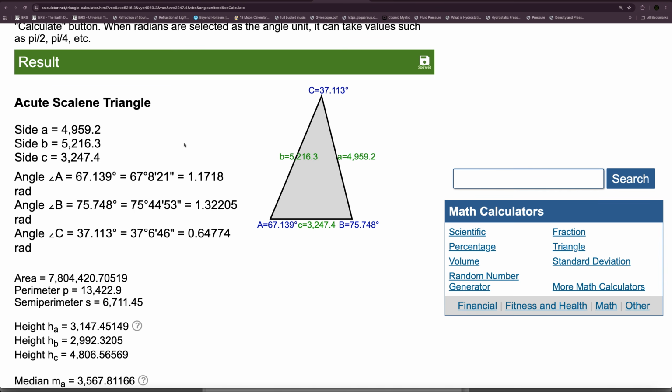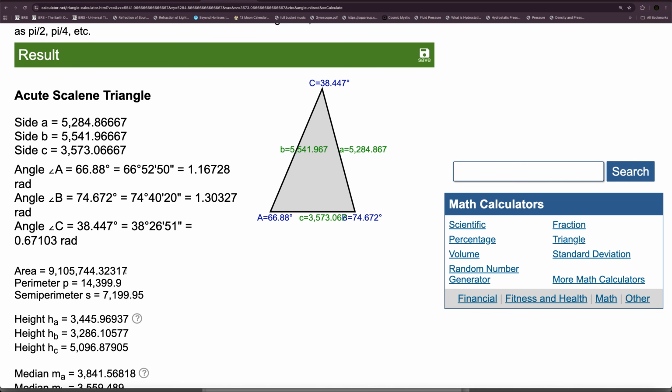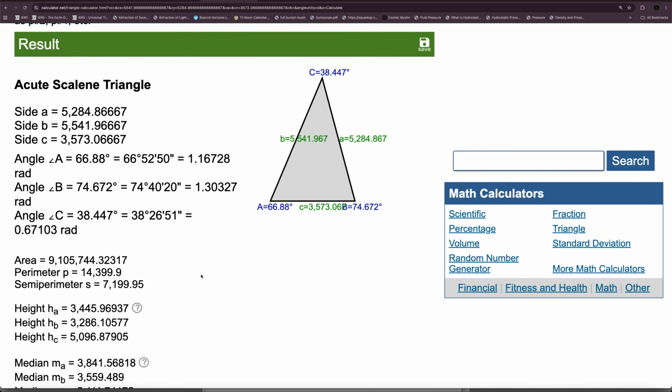So just for transparency, I showed that. And instead, I divided the 977 by 3, and I added each 1/3 to each side. And I have the same perimeter, obviously, of 14,399.9, and I have an area of 9,105,744.32317 square miles. This is the best way to do it because it's the most fair, adding a bit to each side.